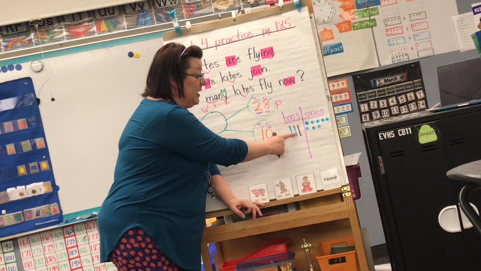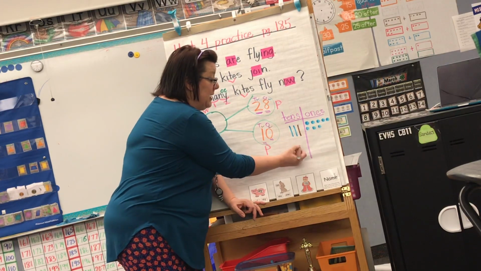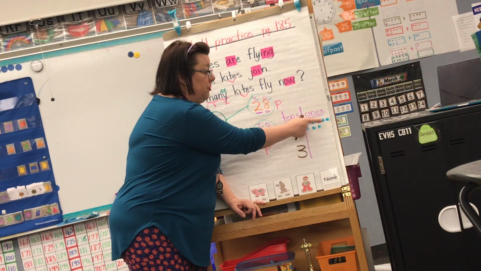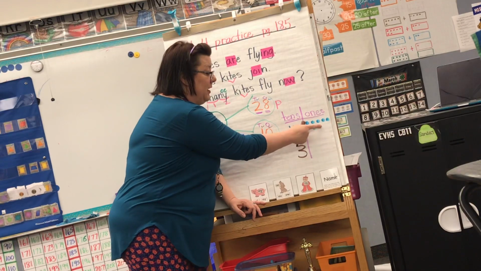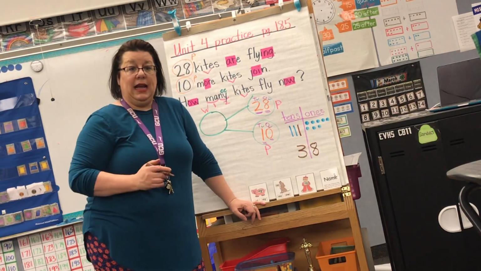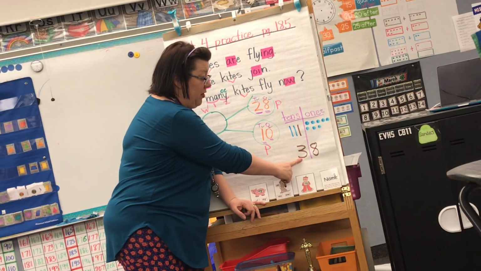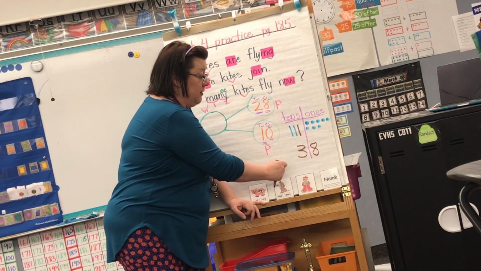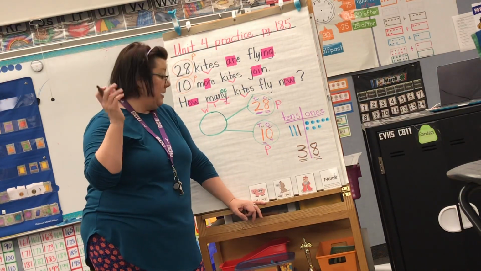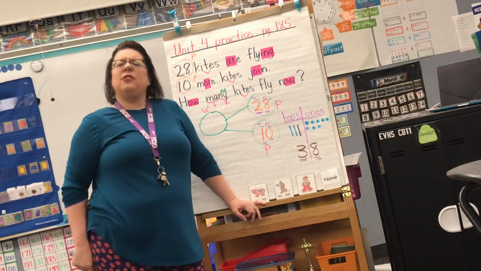I have 1 10, 2 10s, 3 10s, and I have 1 2 3 4 5 6 7 8 1s. My answer is 38. Now, we could take it a step further. We could take it beyond and say, what is the value of 3 10s?